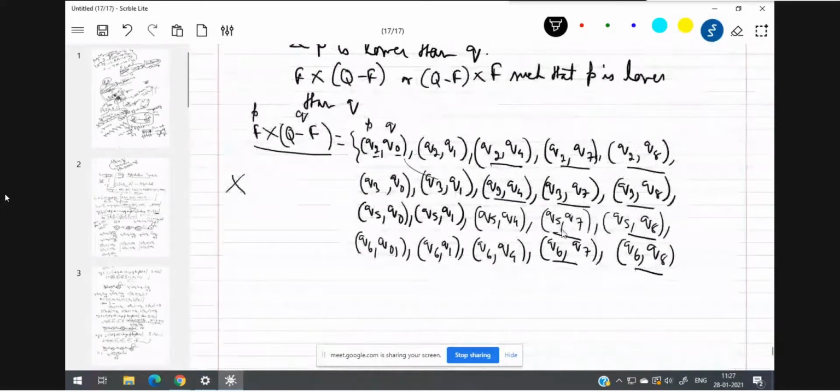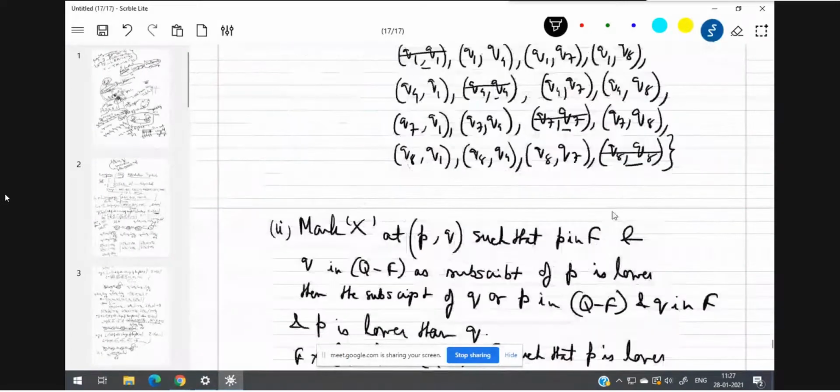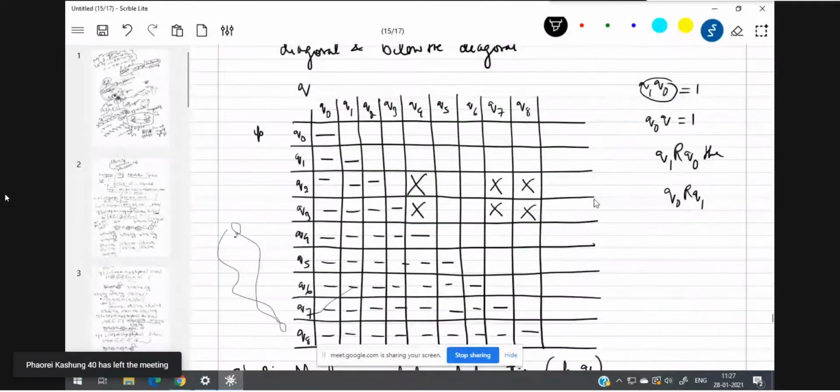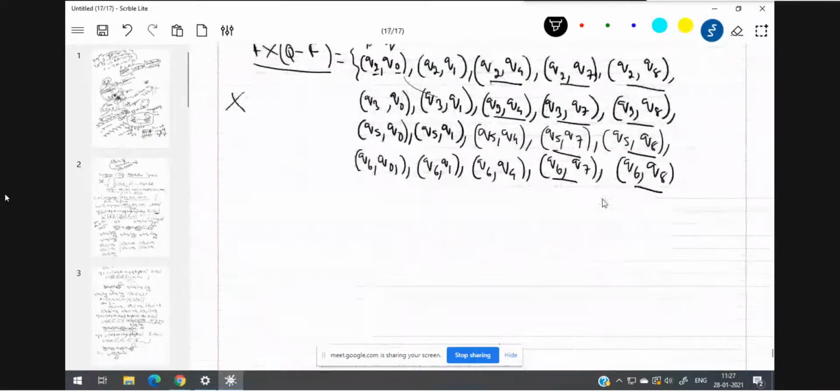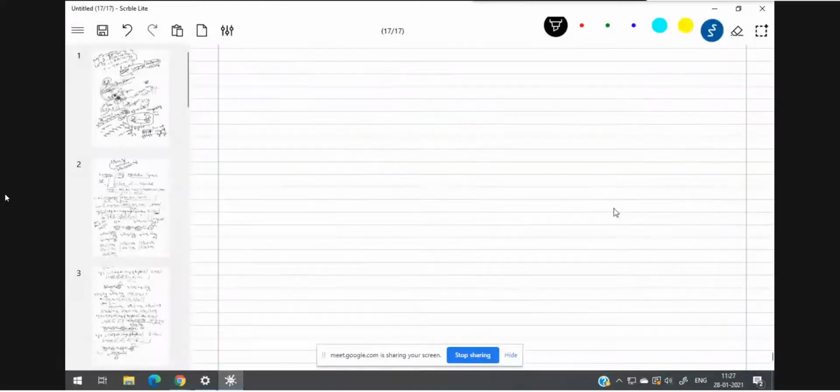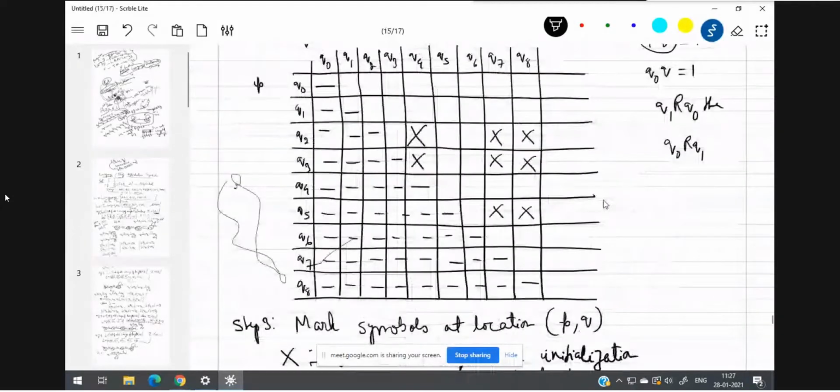The next one is Q5, Q7, Q5, Q8. And next one is Q6, Q7, Q6, Q8. Okay. Any confusion in this?